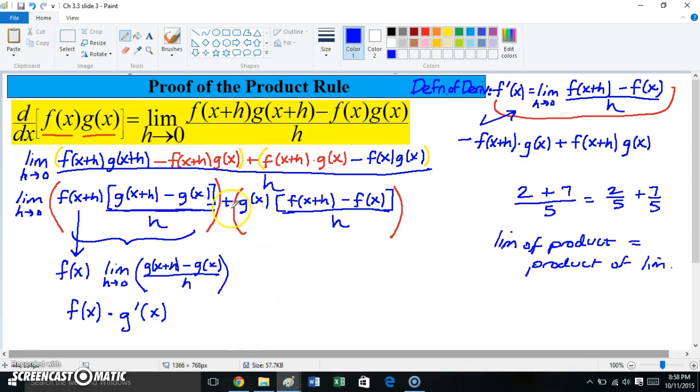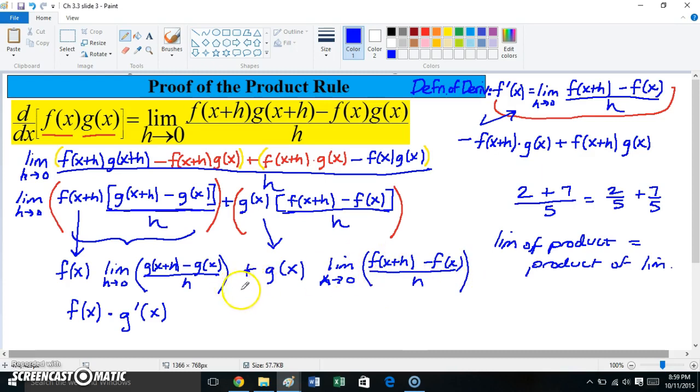Taking a look at the limit of the second term here, g of x times f of x plus h minus f of x all over h. Well, the limit of g of x as h approaches 0 is g of x. The limit of f of x plus h minus f of x all over h as h approaches 0 is f prime of x.